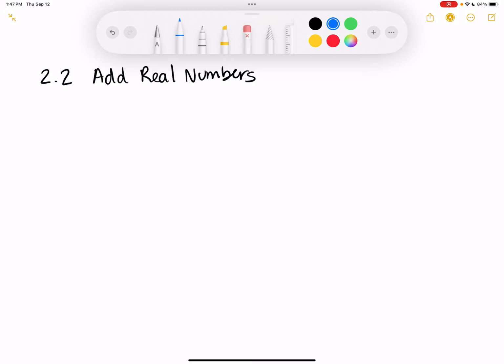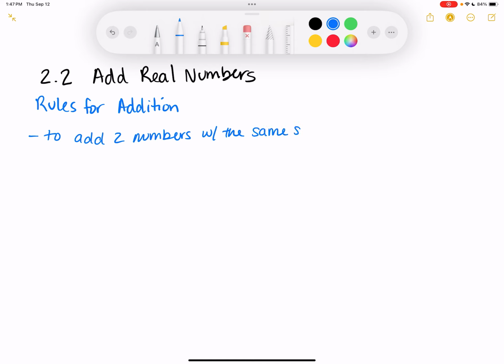Let's see, some rules for addition. The first thing, to add two numbers with the same sign, add their absolute values.